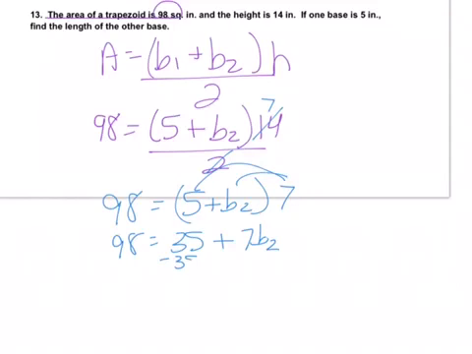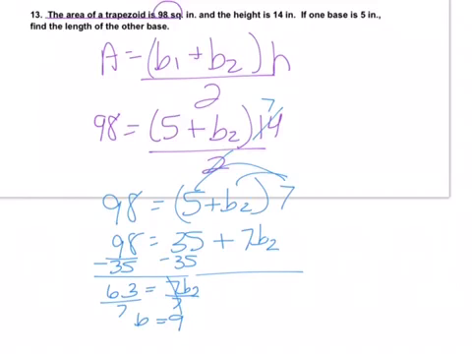When I subtract 35 on both sides, I get 63 equals 7 b2, divided by 7. And b2 equals 9 inches.